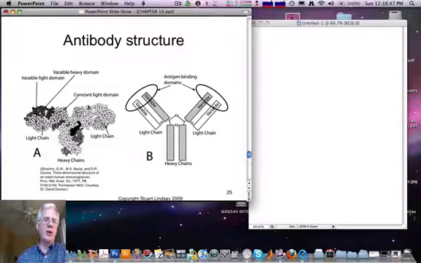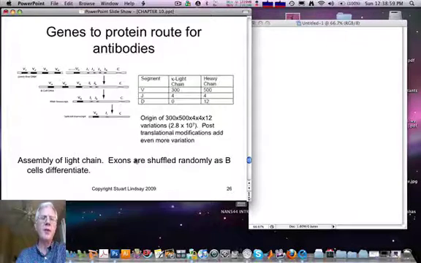This is a picture of the structure of antibodies. It's this region here, the heads of the antibodies that have variable sequence, and are put together from these variable components of the genes for the antibodies. This is a schematic picture of the way in which the exons occur on the gene for an antibody, and it's random splicing of these various domains that results in the large number of available sequences in the variable region of the antibody structure.